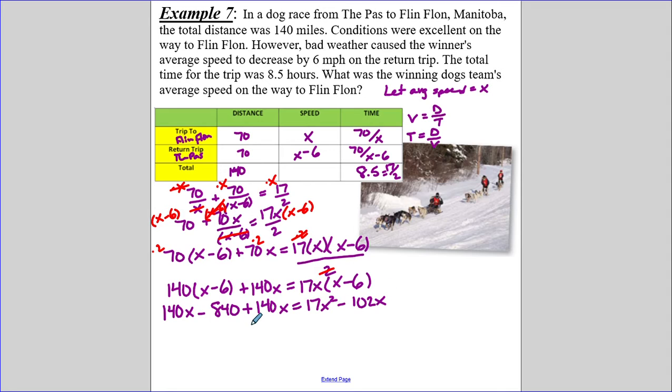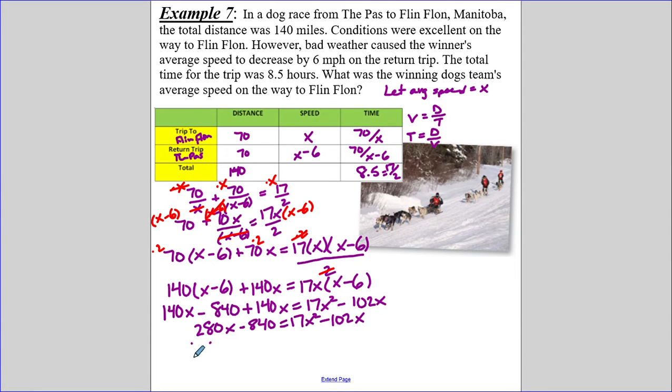So now I need to put everything on the same side. The 17 is positive on the right side, so I'm going to move everything there. I do have 140x and 140x, so I have that twice, and I'm going to combine those before I move it over: 280x minus 840 is equal to 17x squared minus 102x. Now I'm going to combine everything over on the other side.